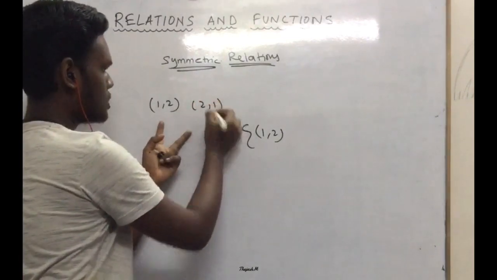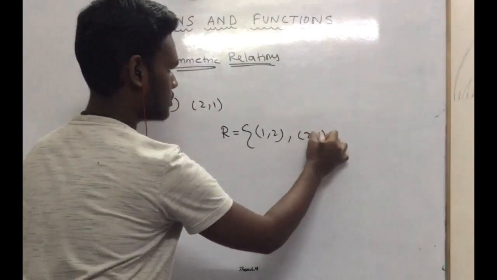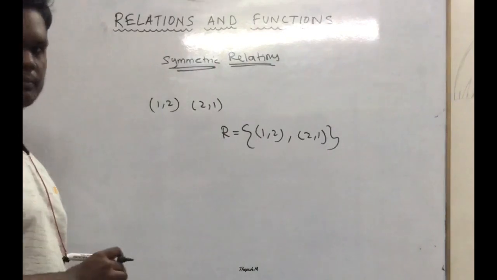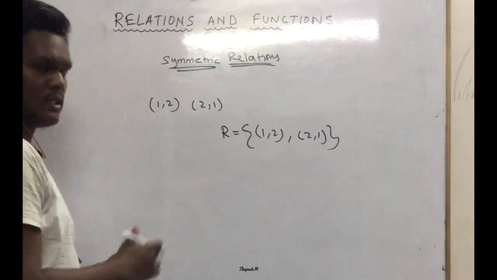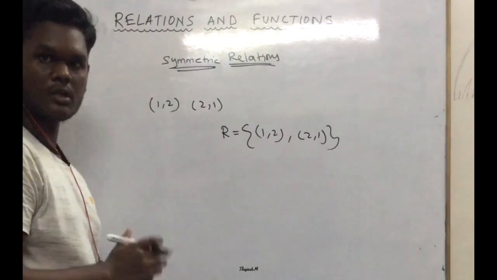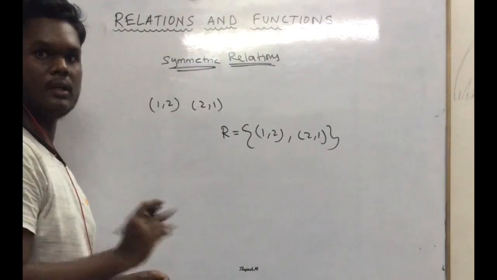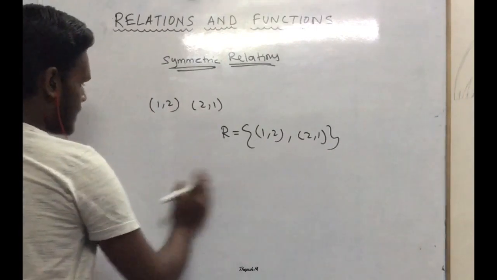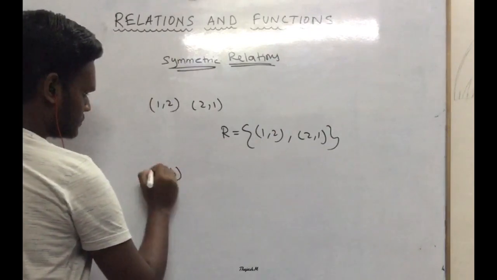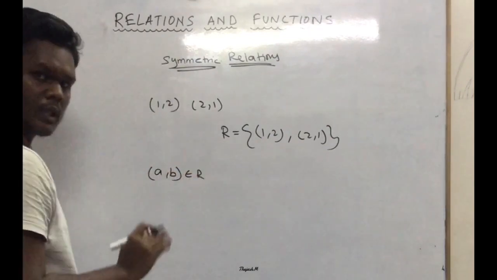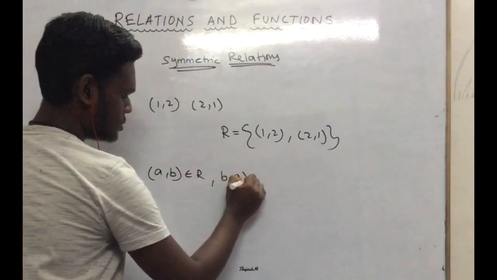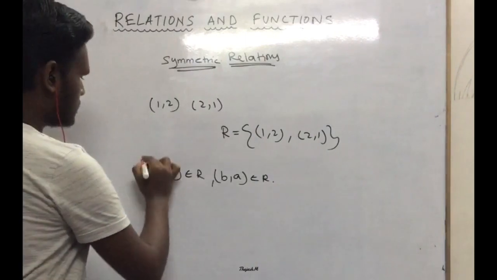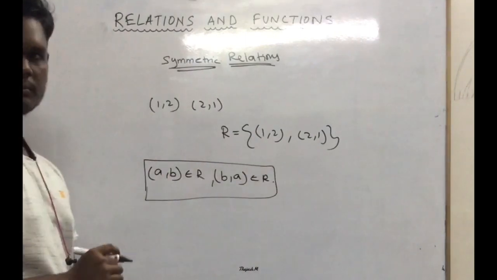That means (2, 1) should also be present in this relation. Then it is said to be a symmetric relation. If you actually see, an identity relation is also a symmetric relation, but a symmetric relation is not an identity relation. Understood? So this can be generalized by (a, b). If (a, b) belongs to R, then (b, a) should also belong to R. Okay, so this is the basic general term for symmetric relation.